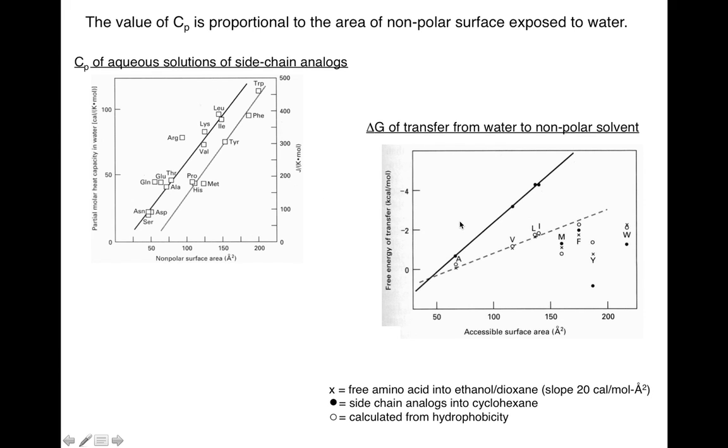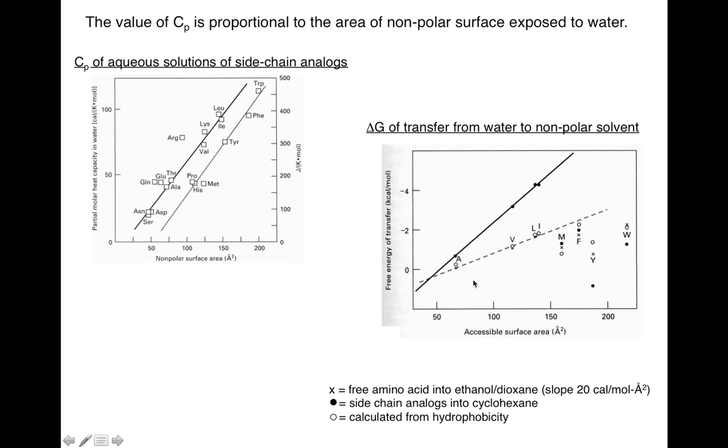Now, if you look at the accessible surface area of the amino acids and you plot that area versus the free energy of transfer, so you can again just do this transfer experiment and measure, as we saw a couple of slides ago, the delta G of the transfer from nonpolar to polar solvents, there's also a correlation with this accessible surface area.